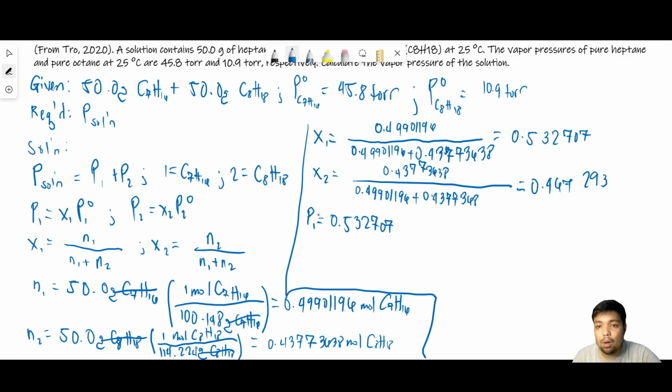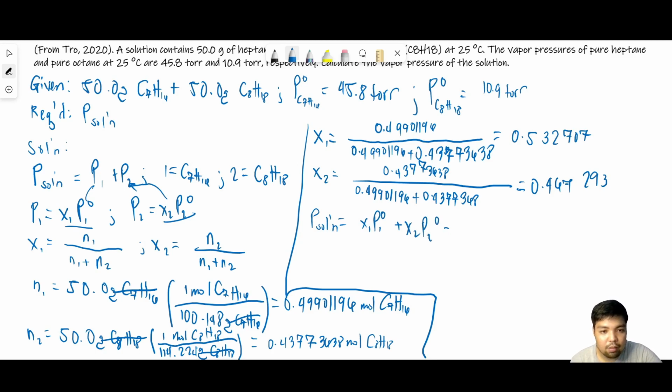Or, sorry, I forgot, since we have this expression here and this expression, we can actually substitute this one to here. We have already seen that earlier, so that means the vapor pressure of the solution is equal to x1 P1 null plus x2 P2 null.